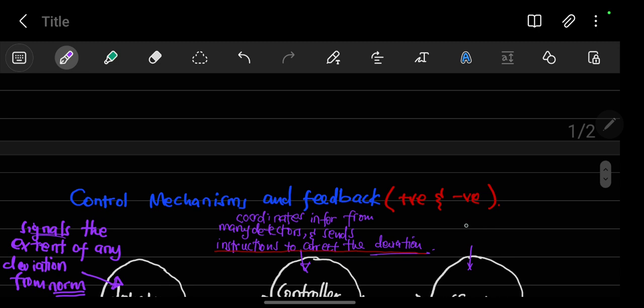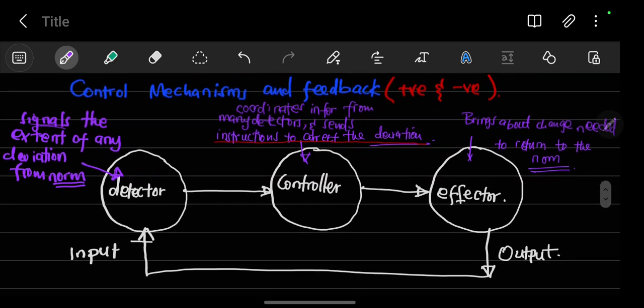So this one brings about change needed to return to the norm or the set point. So that is it.